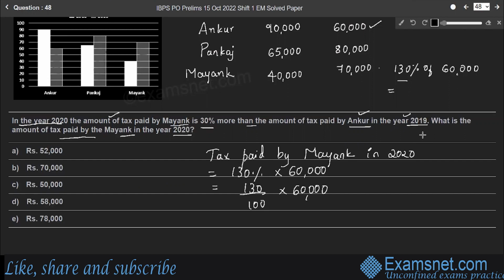Right? Now we can cancel two zeros here. So you will get 78, not 70,000. It is 78,000 rupees. Right? So total tax paid by Mayank in 2020 is 78,000. Therefore, option E is the right answer.